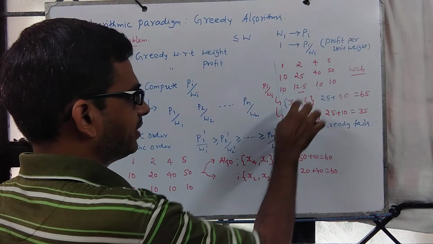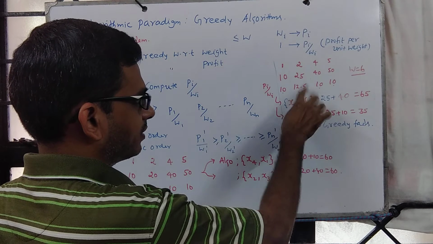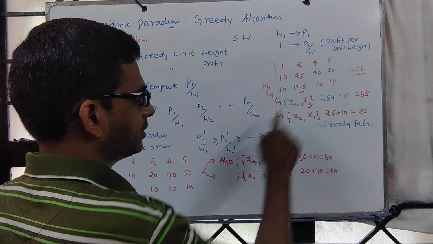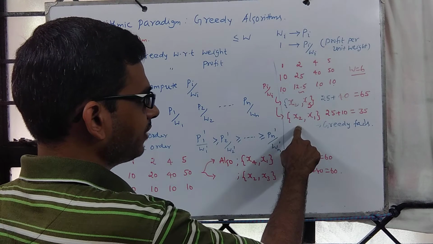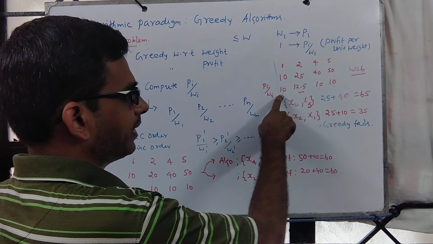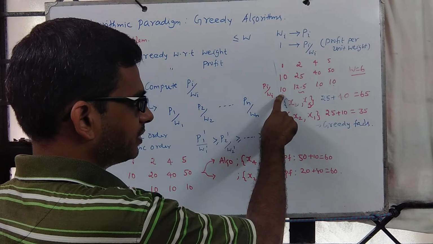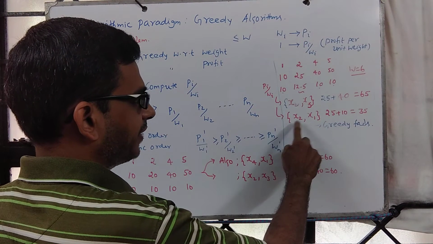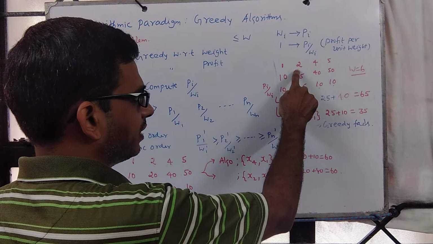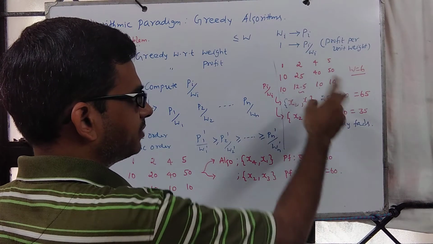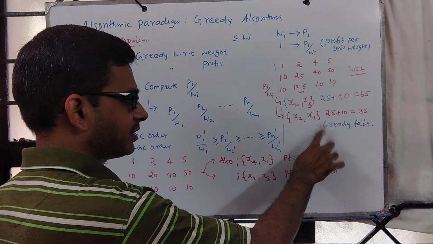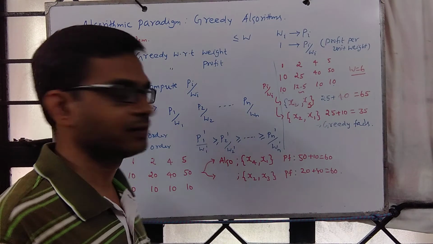But it may so happen that after picking this, there are 3 candidates for second max. So it includes x2, and it may end up picking this one because this is also a candidate for second max. If it does, then the weight will be 2 plus 1, 3, and it cannot include any other object because it will exceed this. In this case, greedy fails.